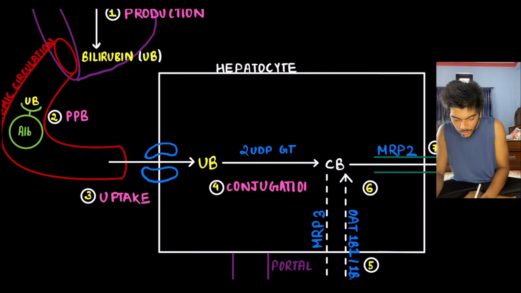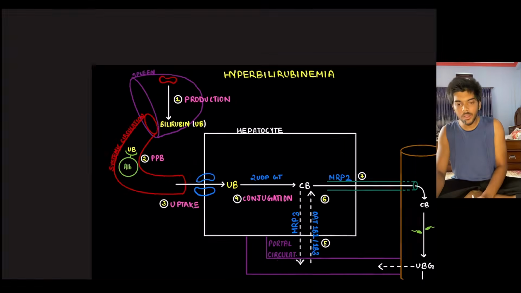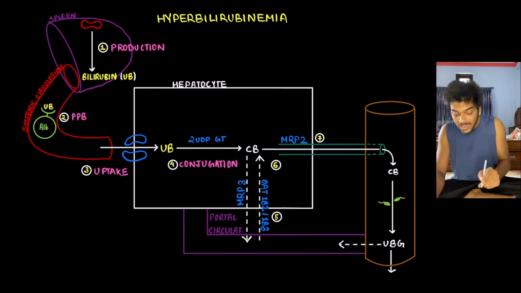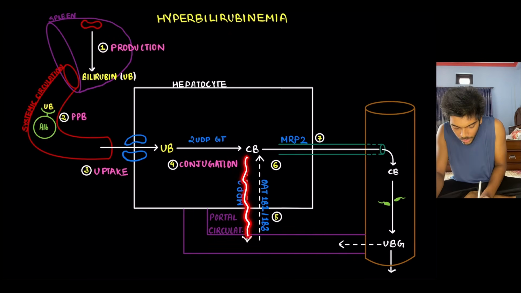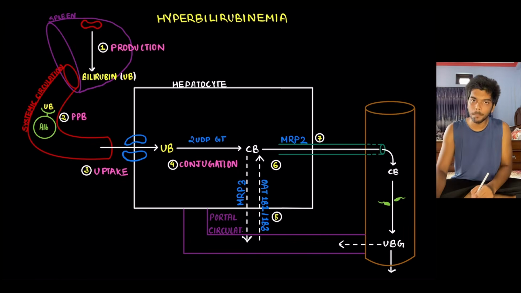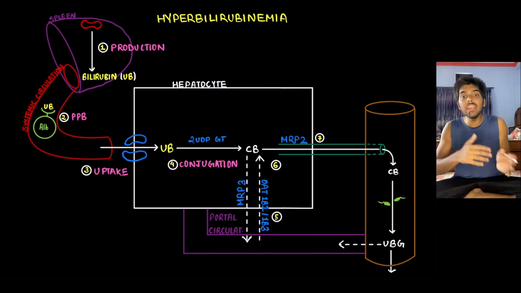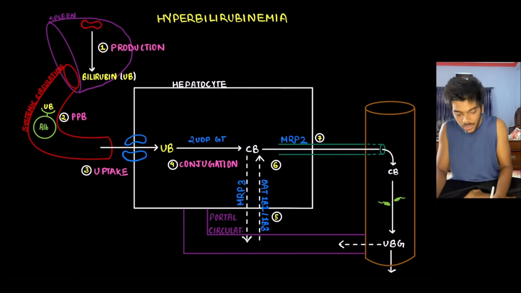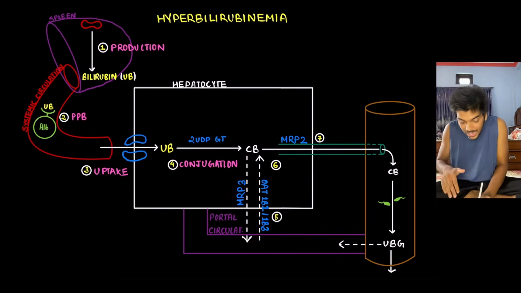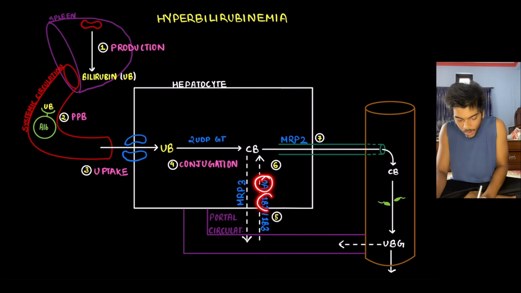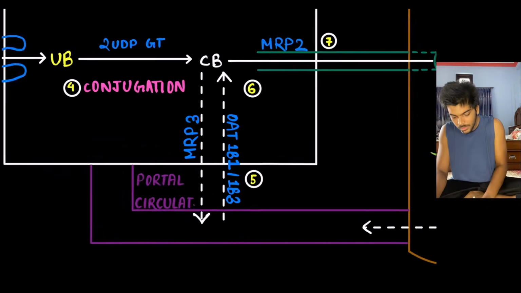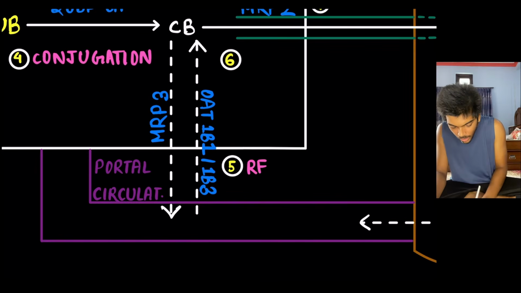After conjugation, the conjugated bilirubin present within the liver can leak into the portal circulation via multi-drug resistant protein 3. But the leaked conjugated bilirubin is reuptaken, taken back. See, there was uptake here, then it leaked into the circulation, then it was reuptaken into the liver with the help of OATP1B1, 1B3 protein. So there is reuptake.